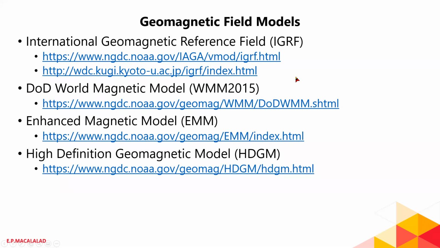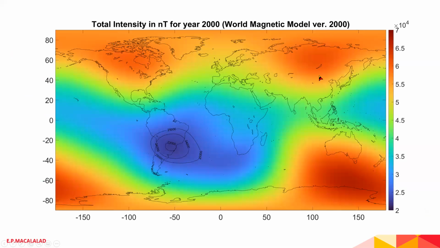Just to give you an example, this is the total intensity B in nanotesla using the World Magnetic Model. I graphed this using MATLAB after downloading a code that generates this model. The version of this model is 2000. Every 5 years, the World Magnetic Model is updated.